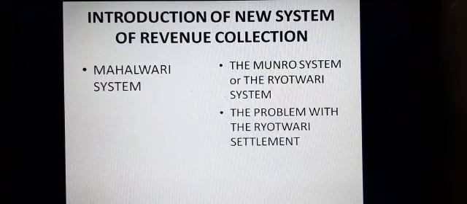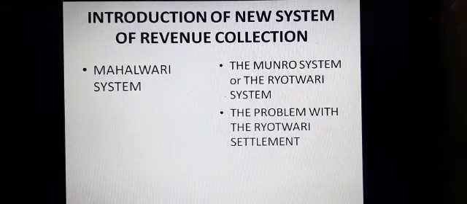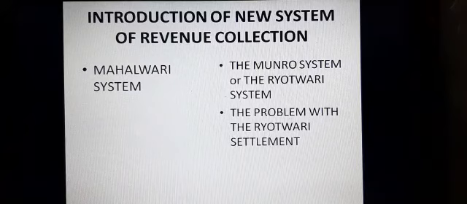Now again, this system of revenue collection had many problems. The ryots, or the peasants, discovered that instead of small zamindars, they were now turned into tenants of a very large zamindar. The company officials revised the revenues at their own choice, and it put extra burden on the peasants.